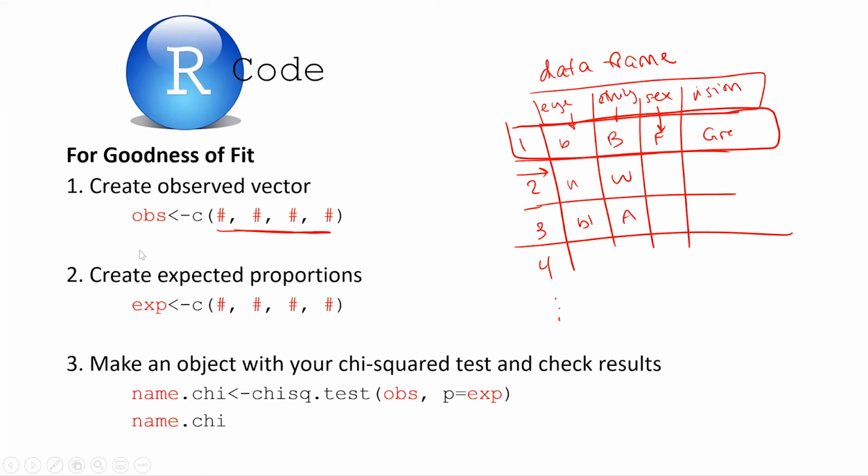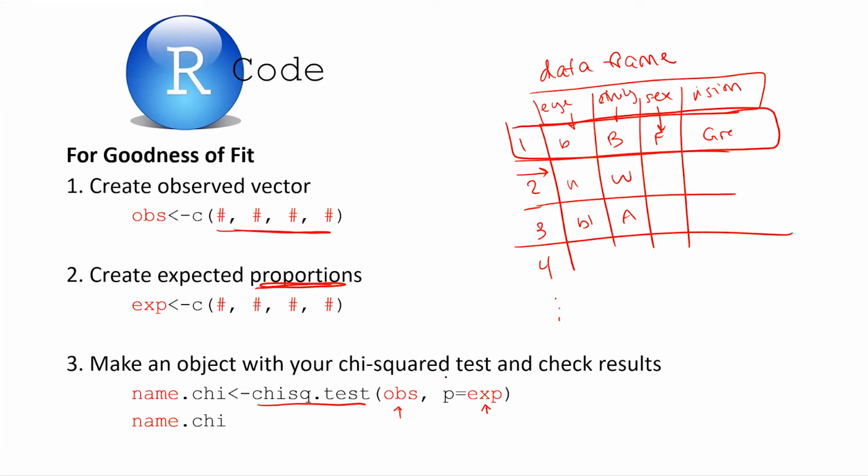We then have to create 2 vectors. We have to create a vector for our observed frequency and our expected proportions. So this is important too, our expected proportions. And the reason for that is the chi-squared test function. What goes inside of that is our observed frequency and our expected proportion.